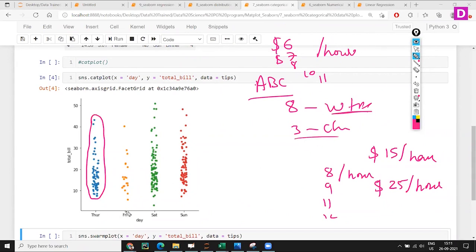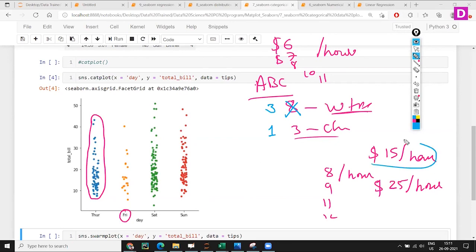Fine. But when I look into the data, on Friday I don't see many customers visiting. So instead of 8 waiters, I can keep only three waiters. Instead of 3 chefs, I can keep only 1 chef.